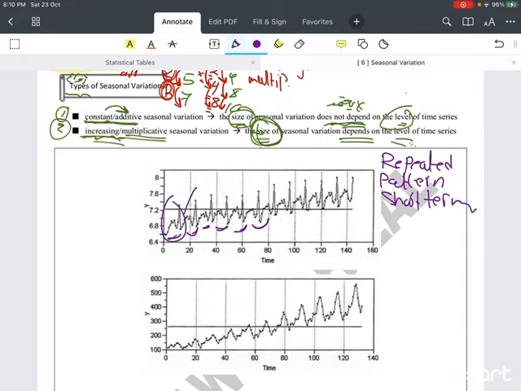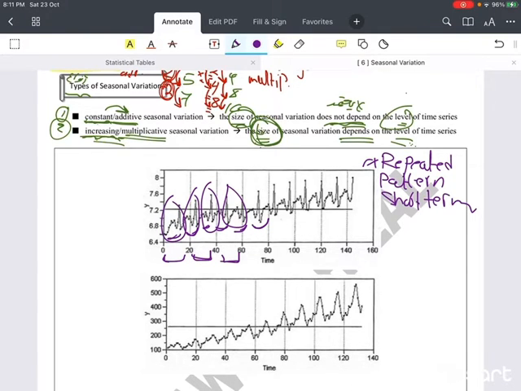It is a rule that repeats itself. Okay, the time axis, I don't know if it is days or months, but it is short, from 0 to 20, from 20 to 40, I think days. So it has a repeated pattern short term, so it has seasonality.